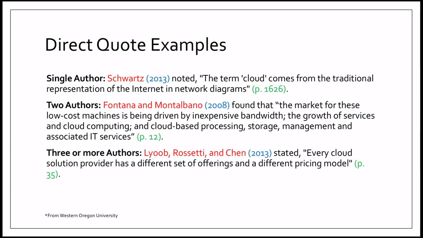All right, so let's look at some direct quote examples. Here we have, under the single author, you're going to see that there are three main elements that you're going to find in an APA formatted paper. It's always going to be at least the first two that I have here in red and blue.